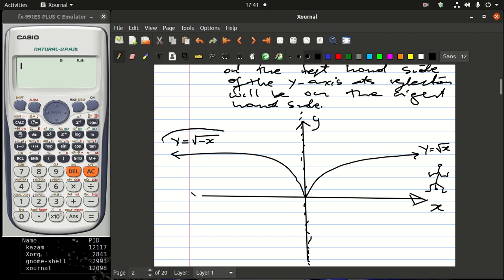So you will end up having a function of this type. So whenever I give you a curve like this and you're looking for its reflection, this side about the y-axis, the reflection of this about the y-axis will become that side.